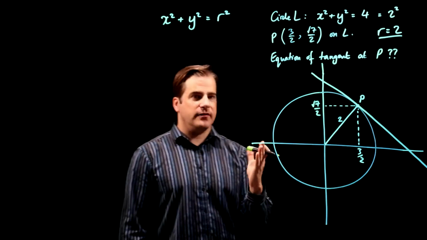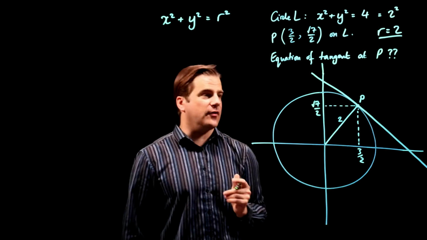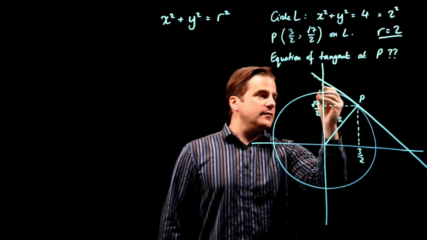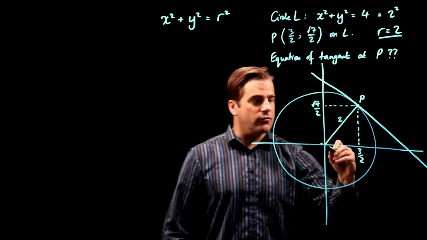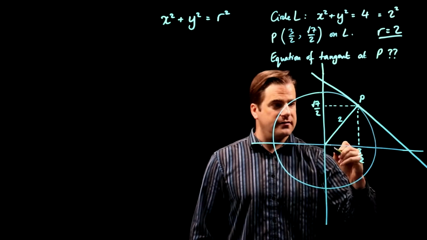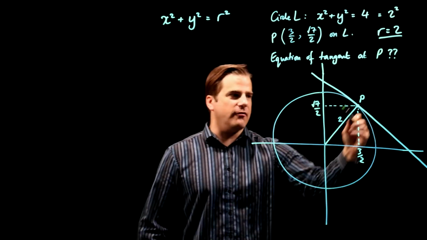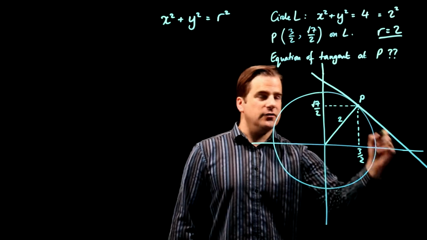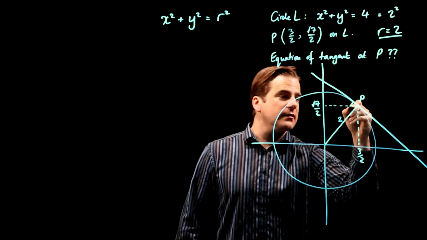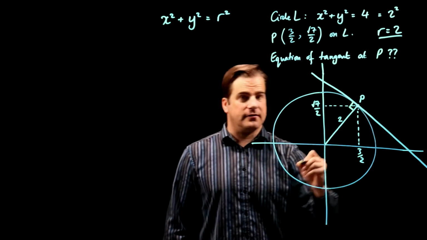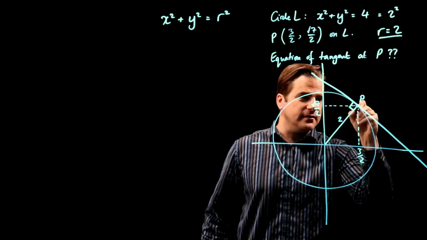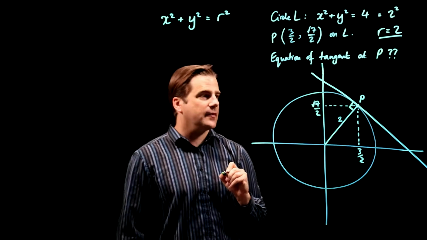Right, so to find the equation of a line, you need the gradient of the line. And we can find the gradient of the tangent if we know the gradient of this radius line, because the tangent to a circle is always at 90 degrees to the radius of that circle, where they meet at that point there.